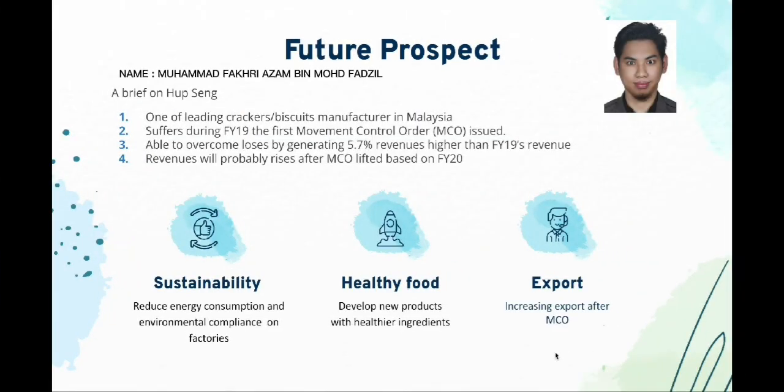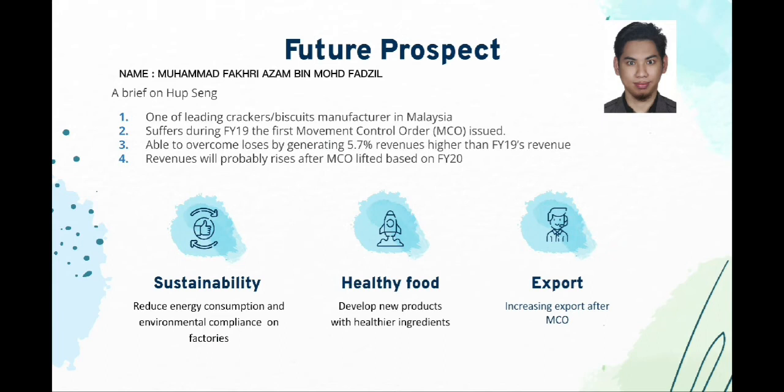Future prospect of Seng. Seng is one of the leading cracker and biscuit manufacturers in Malaysia, and the company was affected during the first MCO. Even though the company suffered in the financial year of 2019, with the first Movement Control Order issued, the group has managed to generate around 327 million in revenue, which was an increase of 5.7% from the financial year 2019 revenues.